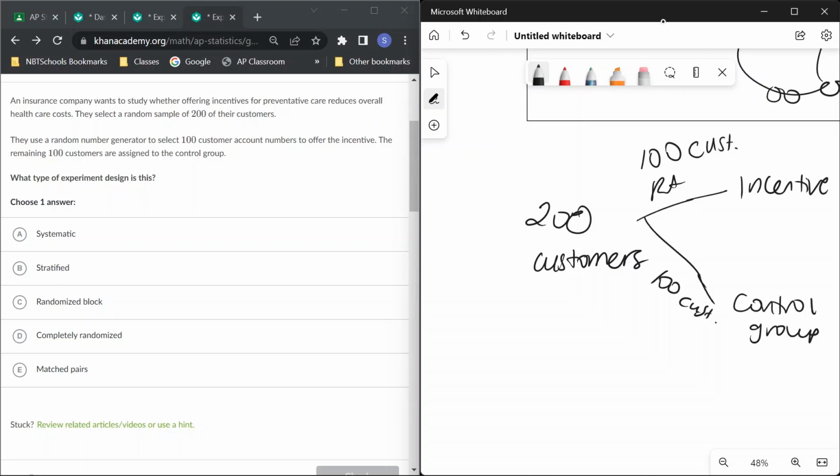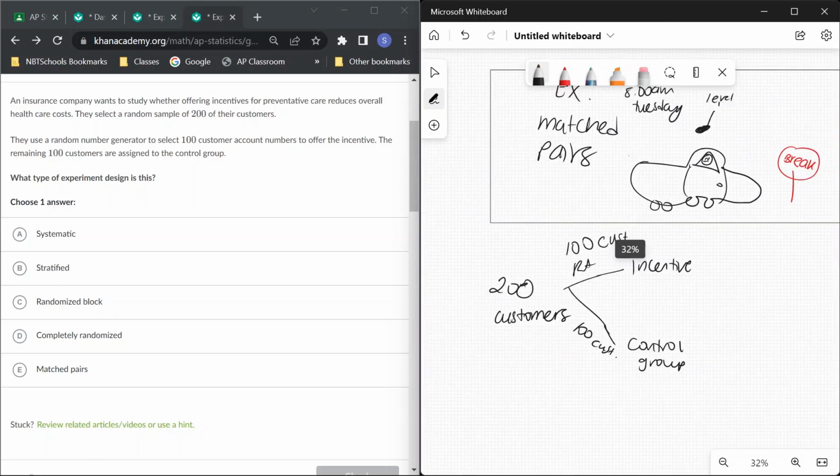And they would compare their healthcare costs, I believe. Yeah, this is pretty self-explanatory. So you have 200 customers, you randomly assign 100 customers to an incentive, and then the other ones just get assigned to a control group, so those who didn't get an incentive.